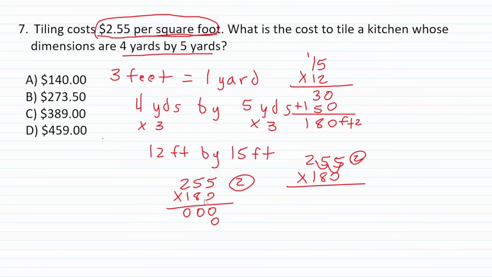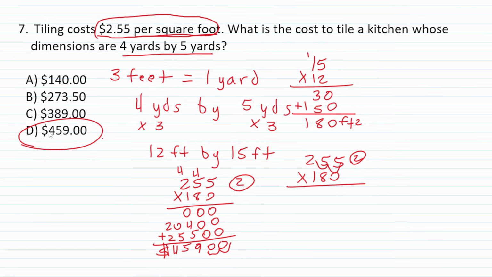Add a 0 placeholder. 8 times 5 is 40, carry a 4. 8 times 5 is 40, plus 4 is 44, carry a 4. 2 times 8 is 16, plus 4 is 20. Add 2 0 placeholders. This is 5, 5, 2. Add this all up. 0, 0, 9, 5, 4. Bring in our 2 decimals. So it's going to cost $459 to tile this kitchen.